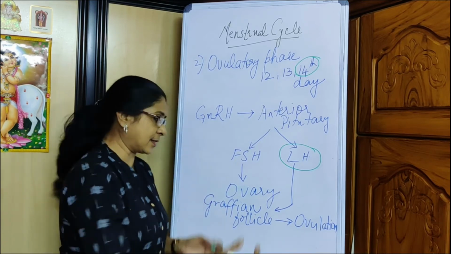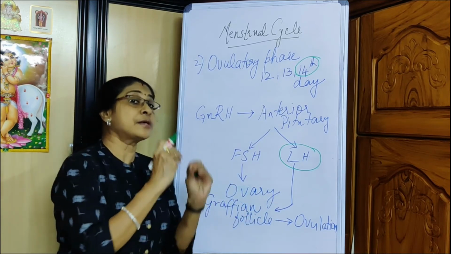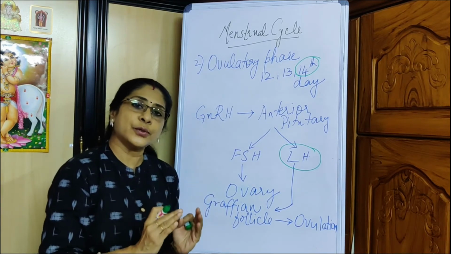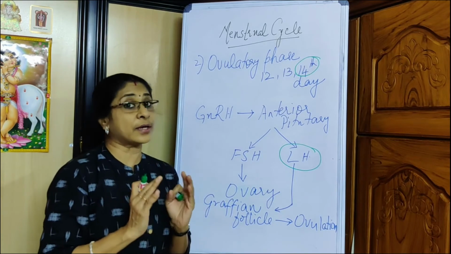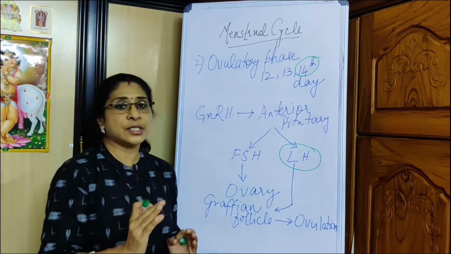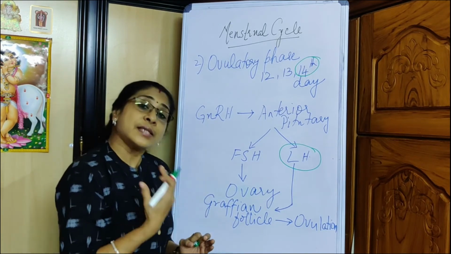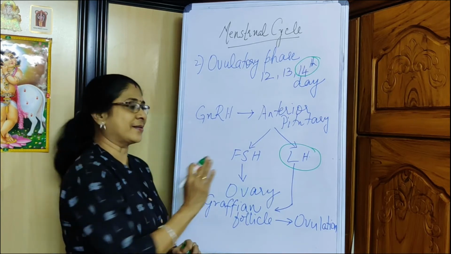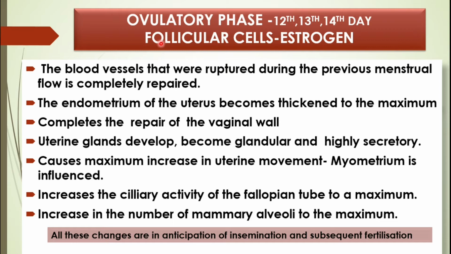What happens next is the Graafian follicle, the remaining follicular cells, continue to produce the female hormone called estrogen, and many changes are observed in the secondary sex organs under the influence of estrogen. Let us now discuss what are the changes that happen during the ovulatory phase.